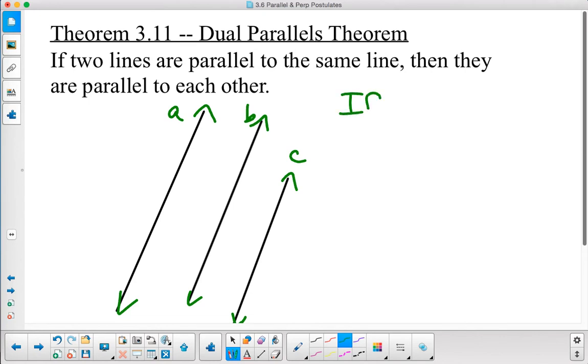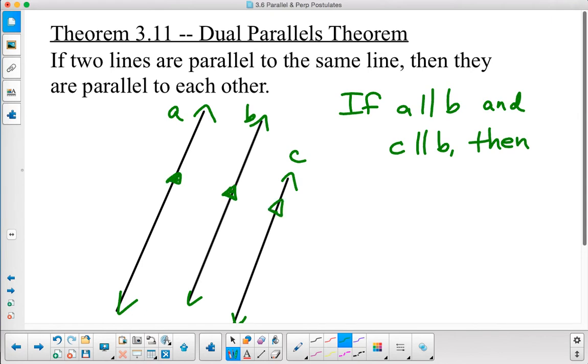So if A is parallel to B and C is parallel to B, then, reading the theorem, if two lines are parallel to the same line, I said A was parallel to B, and I said C was parallel to B. So then it says they are parallel to each other, so that would mean A and C are parallel.